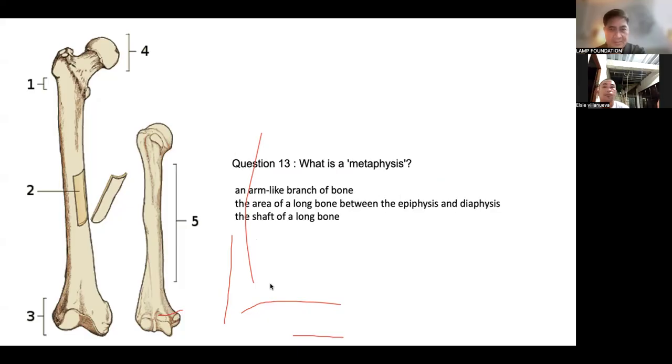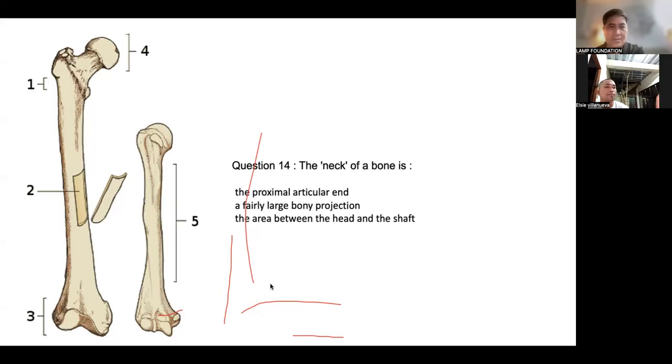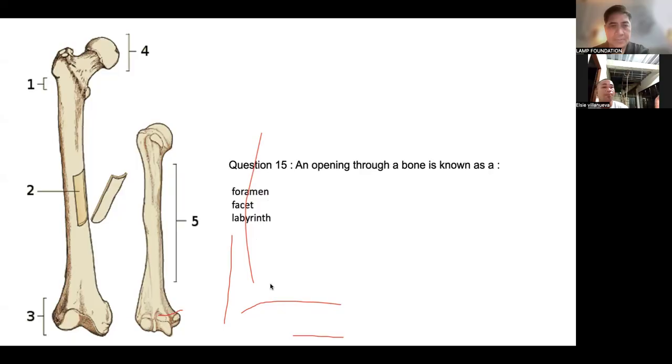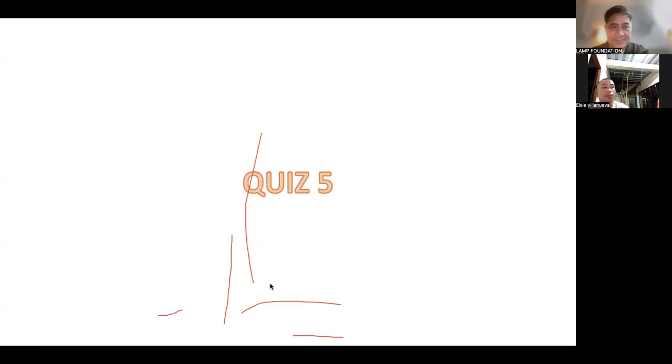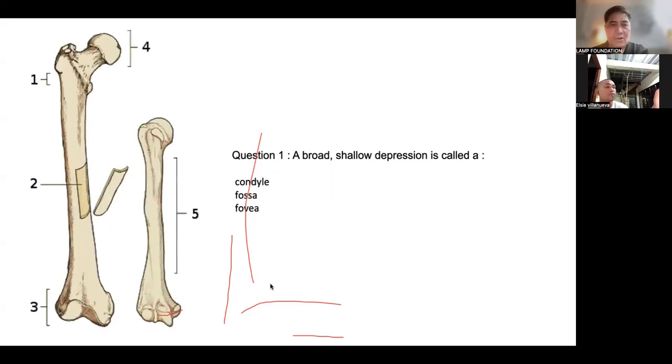Metaphysis: the area of a long bone between the epiphysis and the diaphysis. The neck of a bone: the area between the head and the shaft. An opening through a bone: foramen.